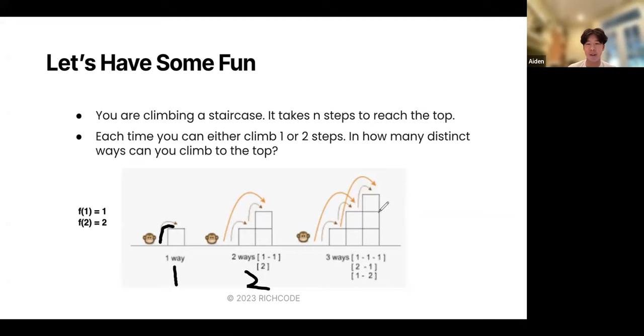But essentially, if you think about this as being these two added together, you can think of it as f of n is equal to f of n minus 1, which is this step right before it, since you're subtracting 1, plus f of n minus 2. Since this one is the sum of the two combinations you can find in these two.